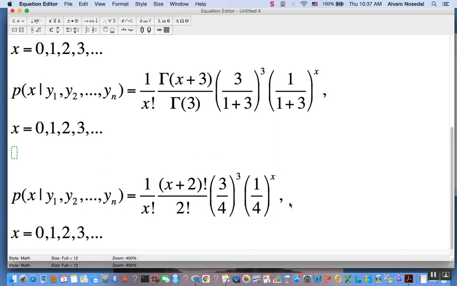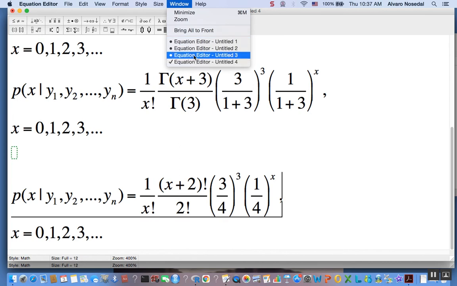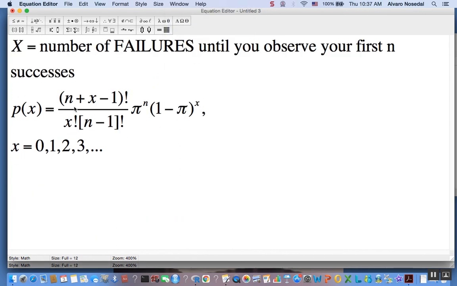Now, let's go back to the expression that we have for the probability mass function of a negative binomial. I think we have it here. So here we have x factorial n minus 1. Here we have n plus x minus 1. Okay?